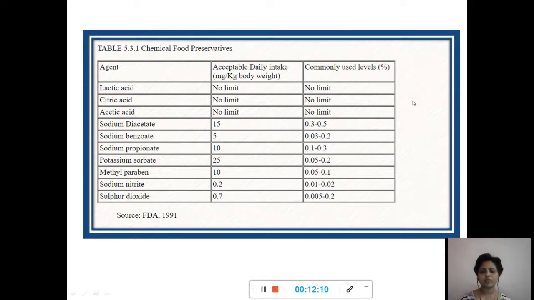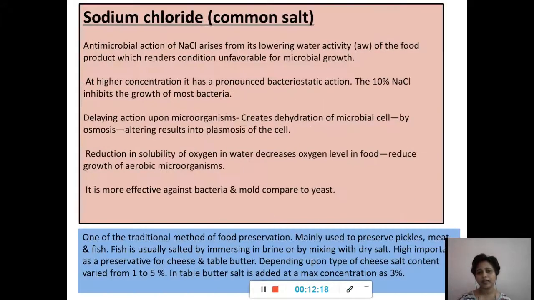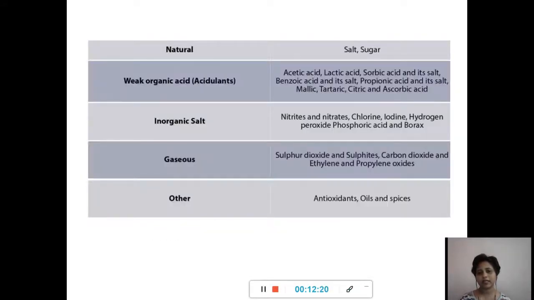Then of course we have some other chemical preservatives which I have not mentioned. Now you have gases, which we have mentioned here. What was that? Ethylene, which was the gas. You have ethylene and ethylene oxides, as well as carbon dioxide. These are all used as food preservatives. In the case of carbon dioxide, it is to increase the shelf life of meat.